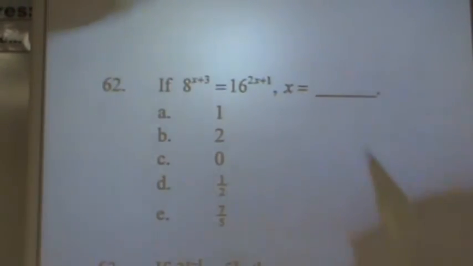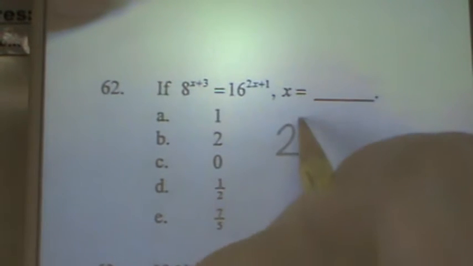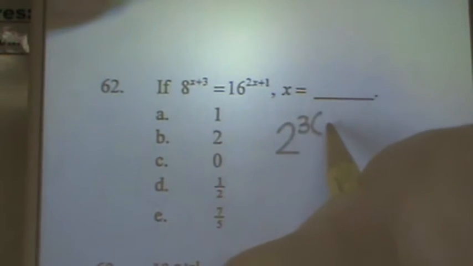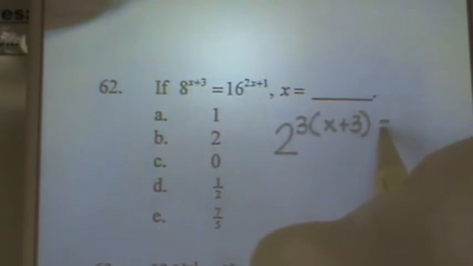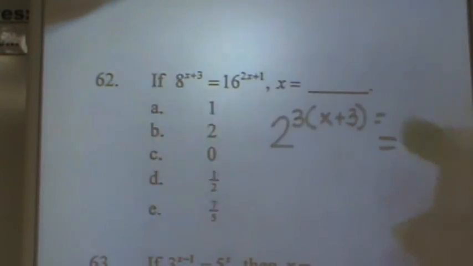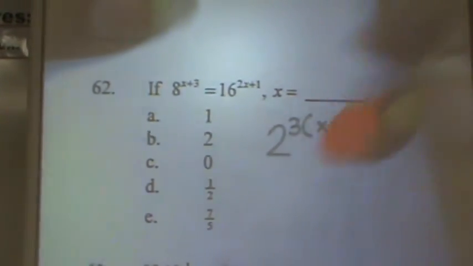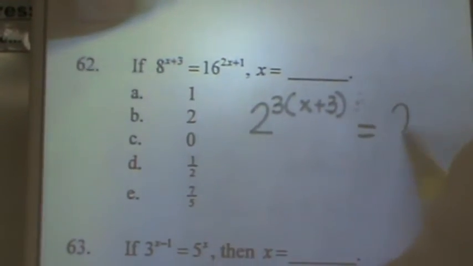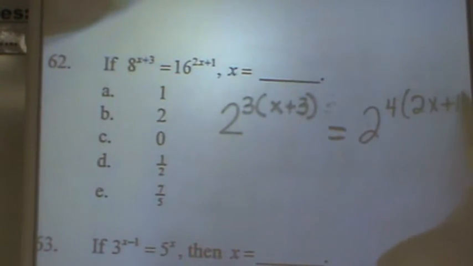Next one. Number 62, how would you solve for x? Well, you'd get both bases the same. So 8 is 2 to the third power. So 2 to the third times x plus 3 is equal to 16, which is 2 to the fourth power, and don't forget your parentheses, 2x plus 1.